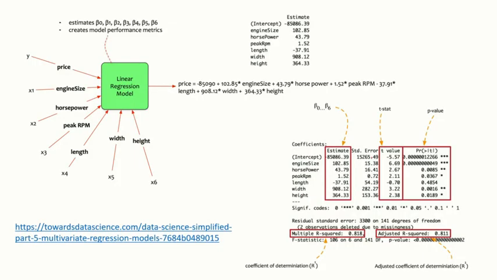If you use multiple, more than one p, you have a multiple feature variable space. To predict the price, you use not only the engine size, but also horsepower, peak RPM, length, width, and height.